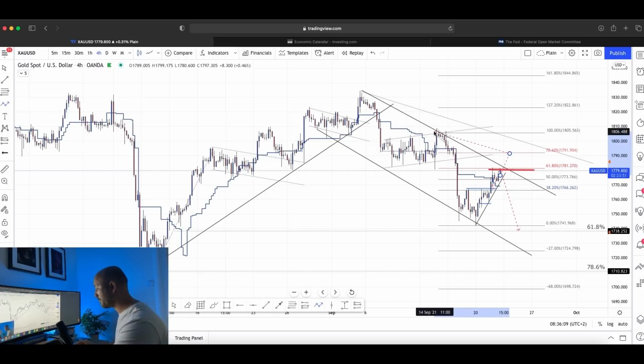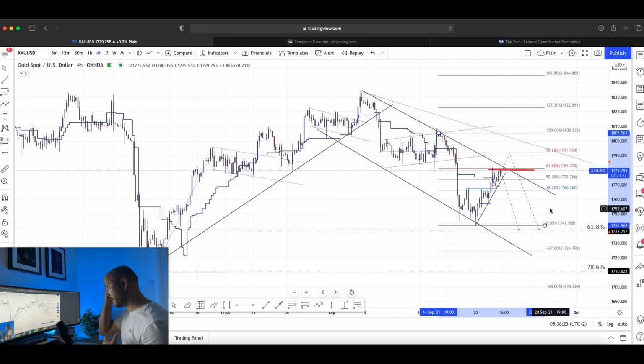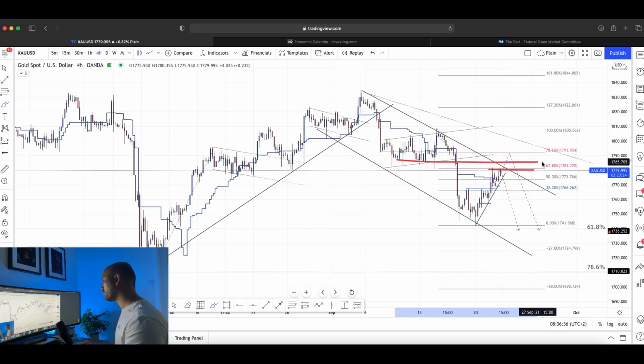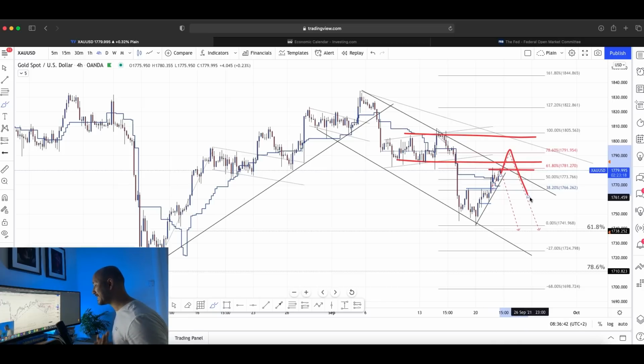It's absolutely valid, and it's a good entry point to sell as we originally planned. Because the Fibonacci retracement gives us 2 entry levels, the 61.80 at 1781 and 78.60 at 1791, both of them are possible retracement levels. And just to recap, we have 1 support here, and also 1 resistance there. So there is always a possibility that price is going to go up before it comes down.